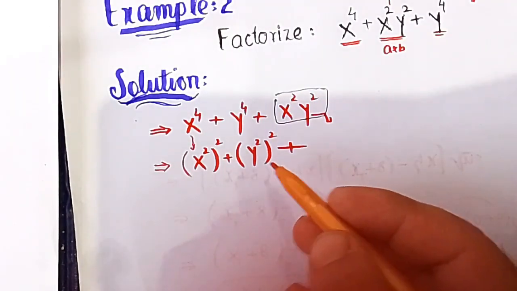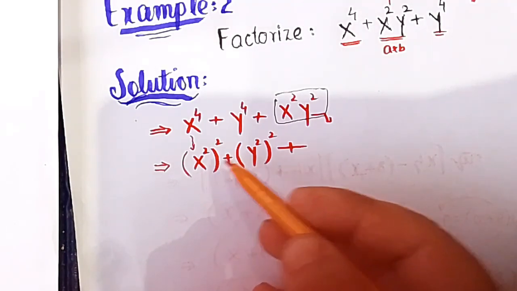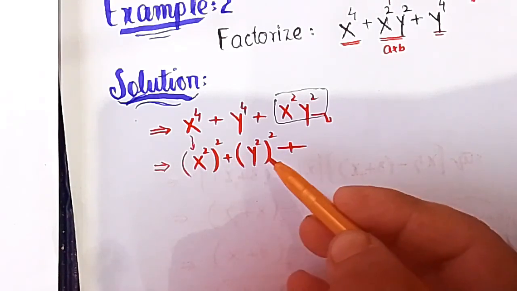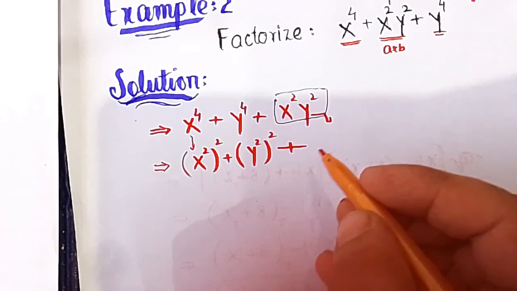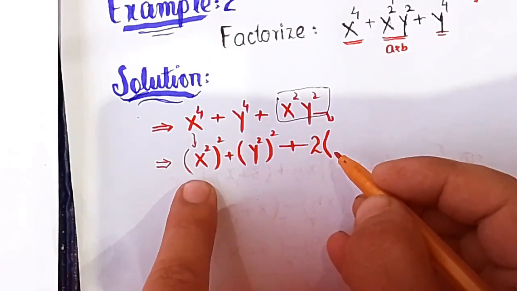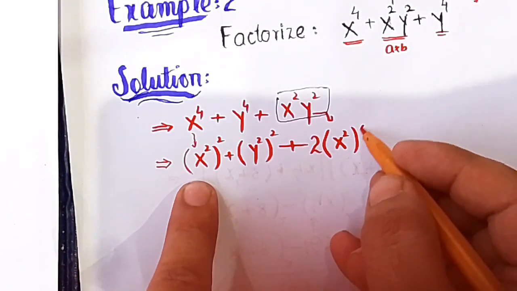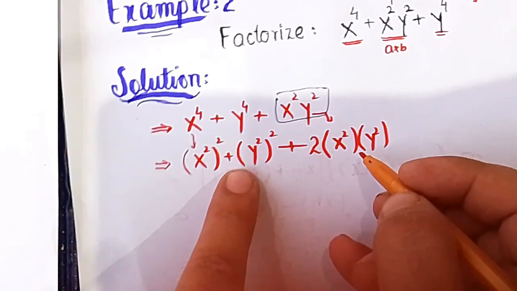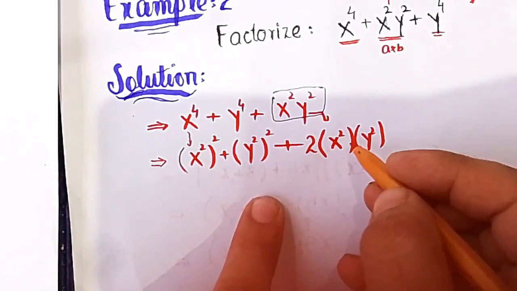What to do? As in the previous question, we have to add here 2ab, 2 into first into second, to make it a perfect square. 2 into first one, x square, and the second one, y square. This is the 2ab of these two expressions. I have to add 2ab.